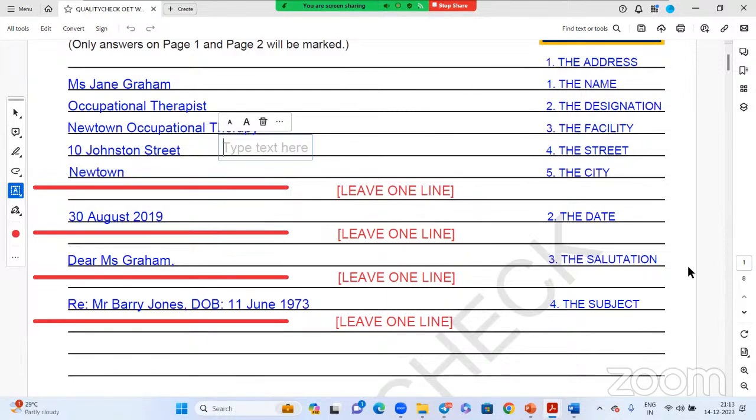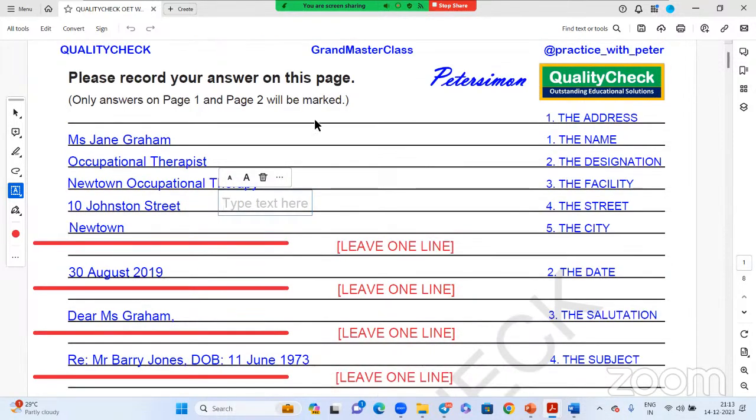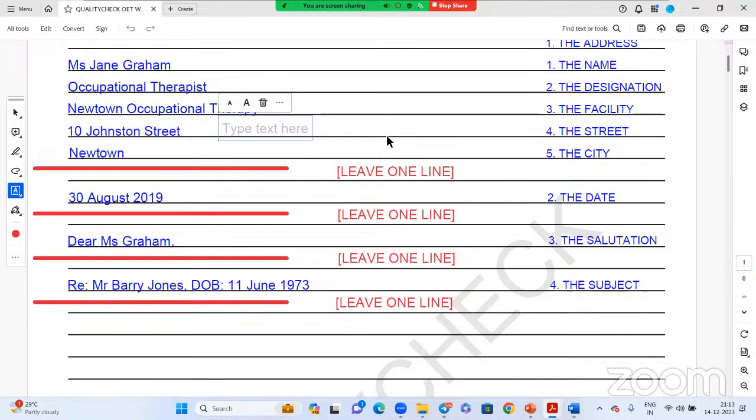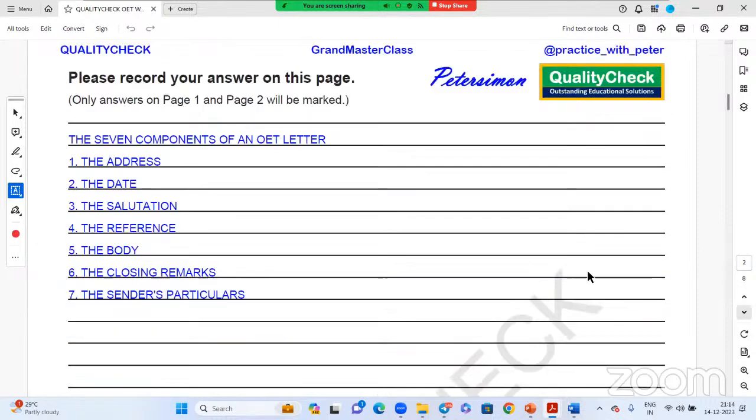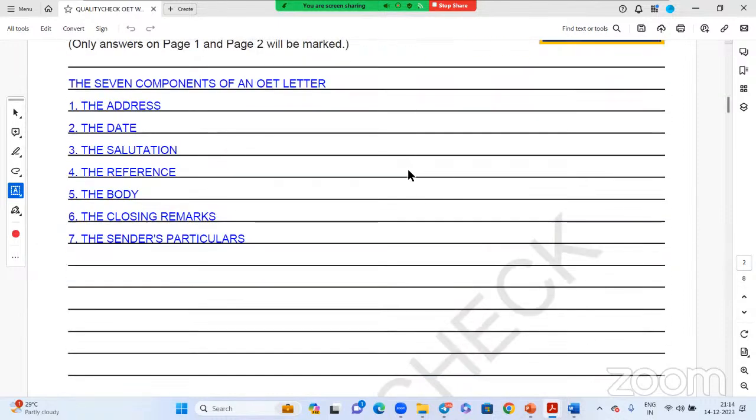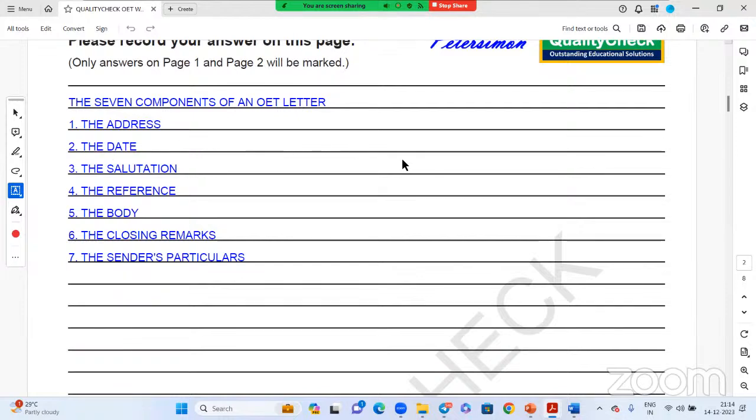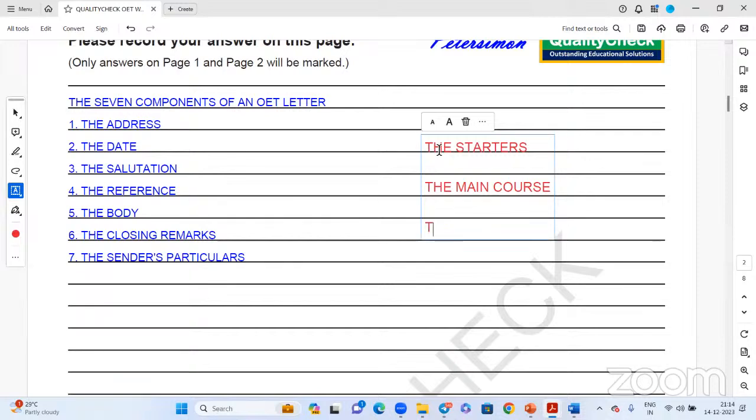We have three different things. The starters. So when we go for dinner, we have three different things. The starters, then the main course, and the desserts.